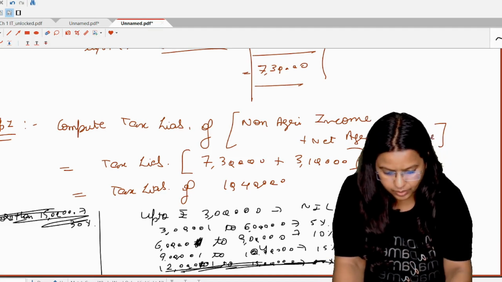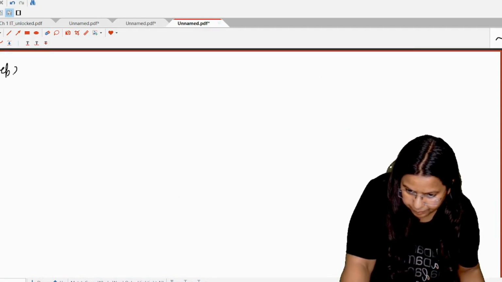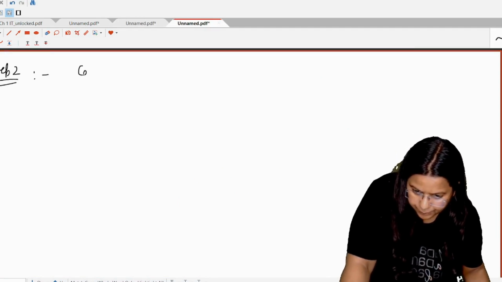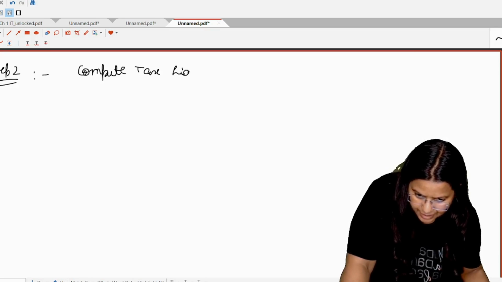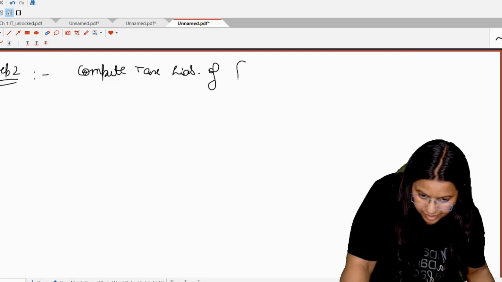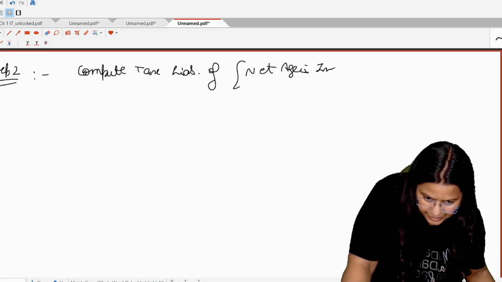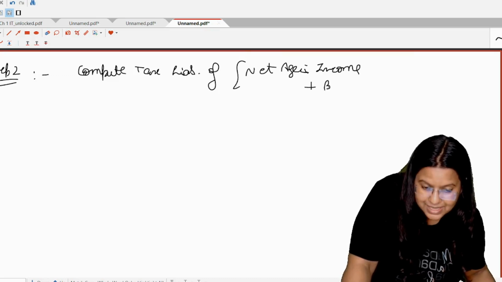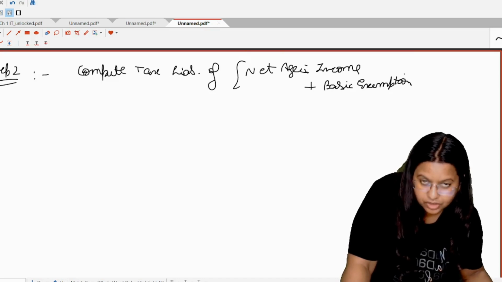Okay. Now, step number 2. Compute the tax liability of net agricultural income plus the basic exemption limit. Now, in this question, what is the basic exemption limit? 3 lakh rupees.